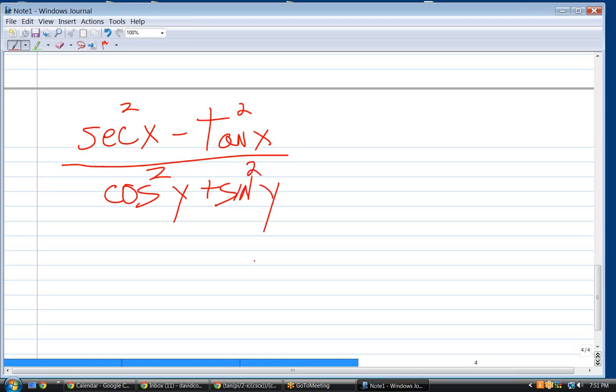What's the bottom equal to? So that'll be 1. What's the top equal to? Remember that the second Pythagorean identity was tangent squared plus 1 equals secant squared? So therefore, what would secant squared minus tangent squared equal? That'll just be 1.